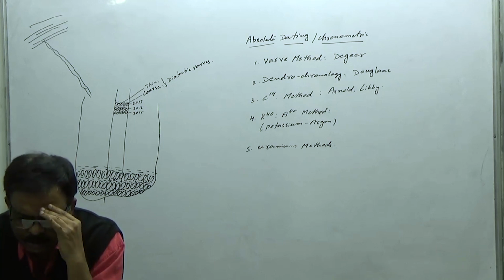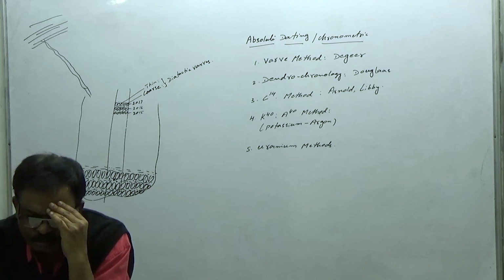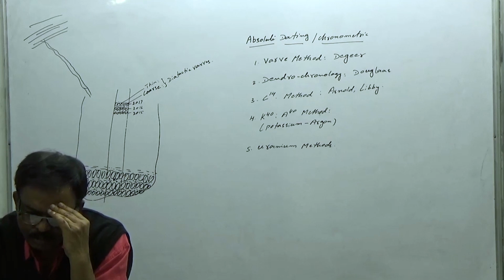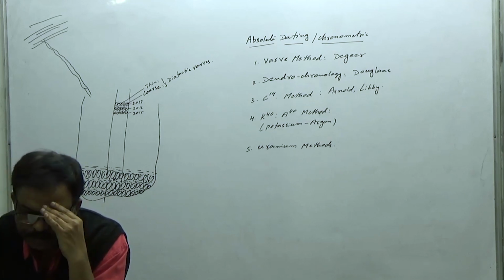These two layers, in brackets coarse and thin, collectively are known as a diatactic varve. Diatactic varve.